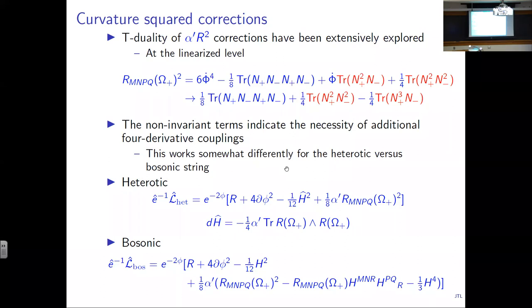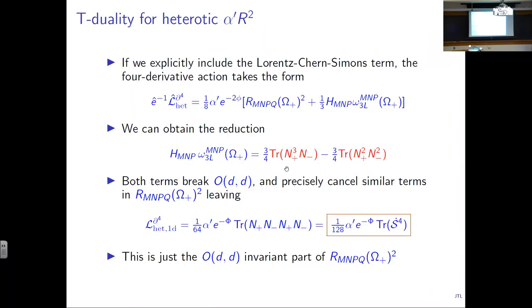So the heterotic string fixes up Riemann squared by introducing a Lorentz Chern-Simons term. The bosonic string, let's say in cyclin, fixes up Riemann squared by adding RH squared and H to the fourth, something like that. For the heterotic case, I already mentioned, you add a Lorentz Chern-Simons term.